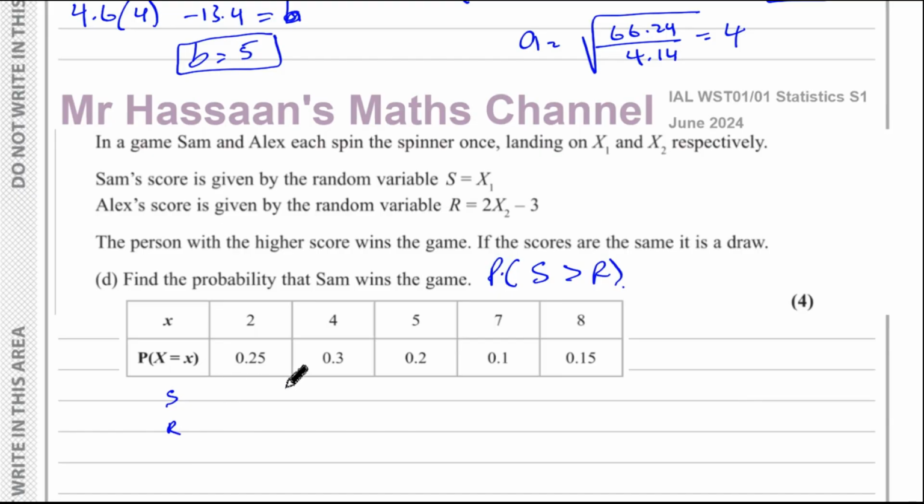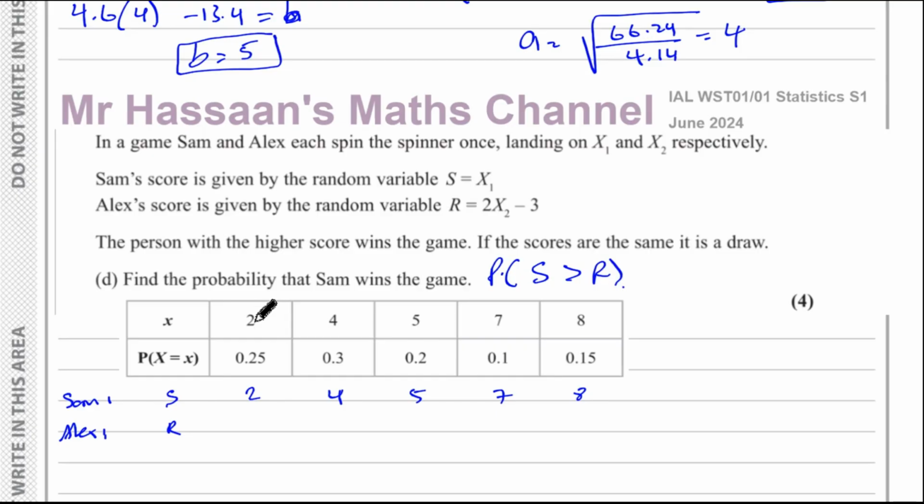Sam's score is the same as what comes up on the spinner. That's going to be 2, 4, 5, 7, and 8, and that's the probability of those scores taking place. So this is Sam, and this is Alex. The score of Alex is going to be 2 times the score shown on the spinner minus 3.